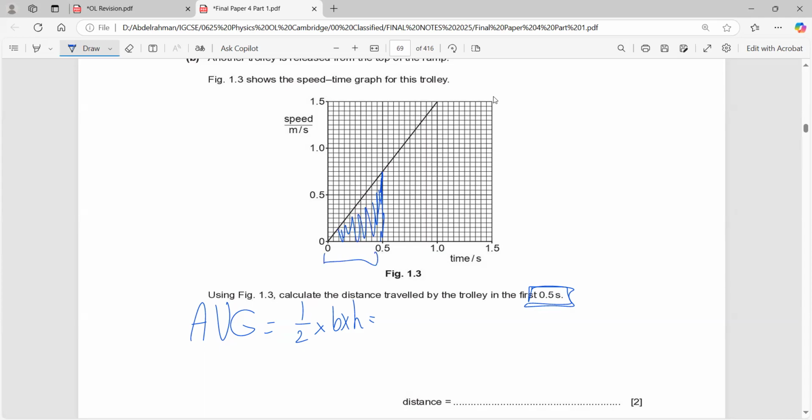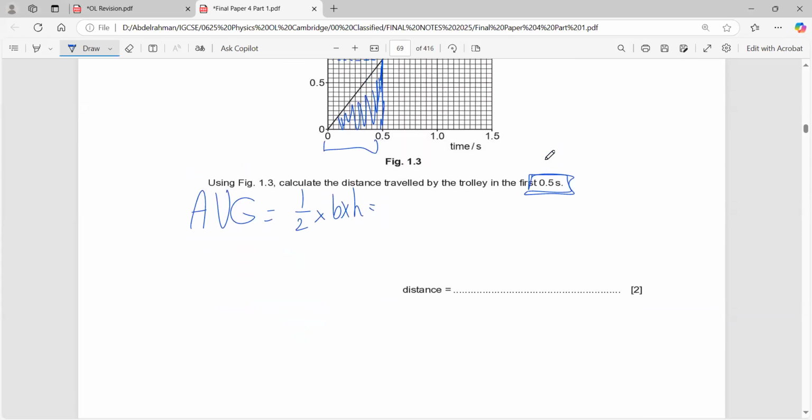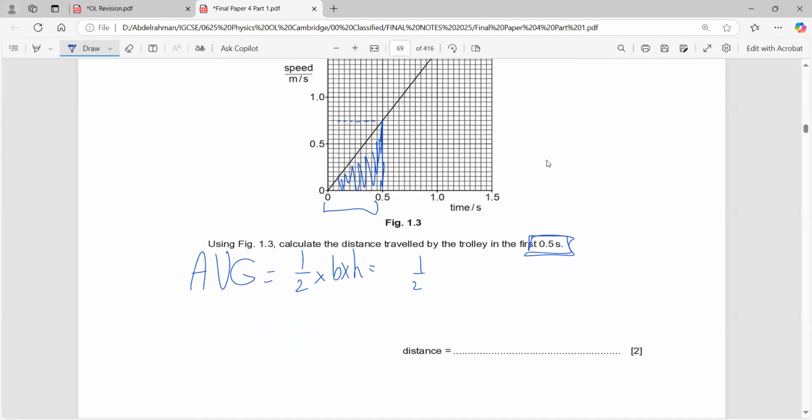This is the base 0.5 and this is the height, which is I guess 0.75 صح؟ and I can't see مش عارف ليه. يبقى half times 0.5 times 0.75, which is around 0.19 meters. Okay, 0.19 meters. يبقى half times 0.5 times 0.75 will give you a distance of 0.19 meters.